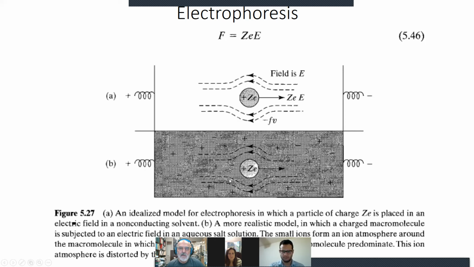The bottom is meant to represent the fact that the solution has other molecules associated with it. In a better picture of this, the positively charged macromolecule has negative charges around it that are clustered close to it, and therefore screening the charge or the effective charge on the molecule, because these negative anions are changing the net charge and changing the mobility.